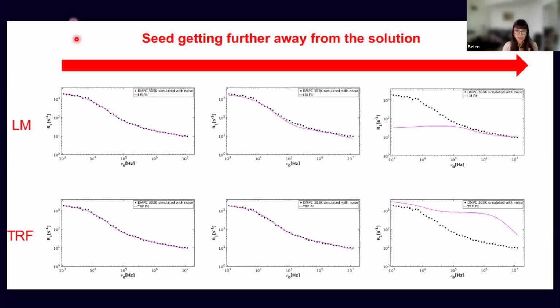On the other hand, TRF is restricted by bounds, so even failures look somewhat reasonable. But this is important: when the seed is close, Levenberg-Marquardt can outperform TRF, because the nonlinear transformations made in TRF to adapt the solution hyperspace to a bounded one distort the problem slightly. You can see that in the previous slide that Esteban showed.